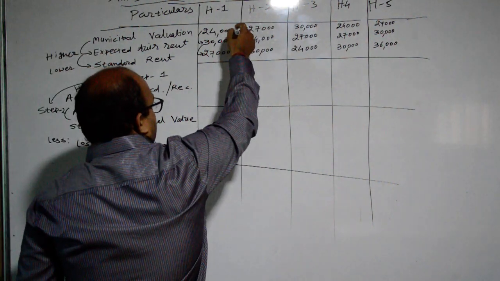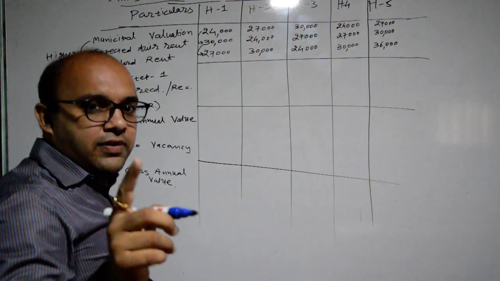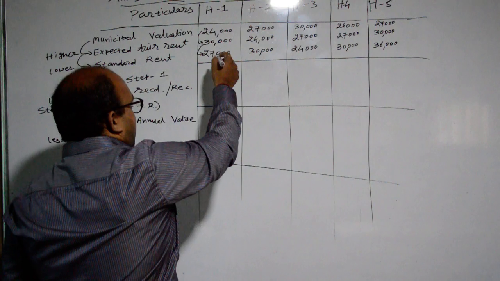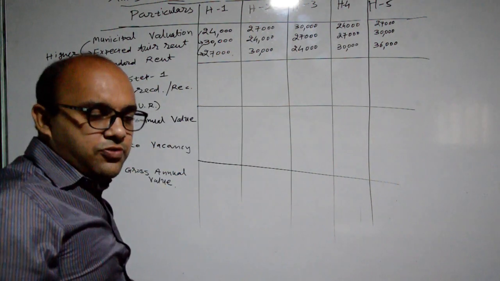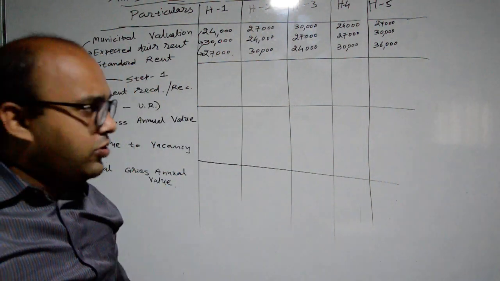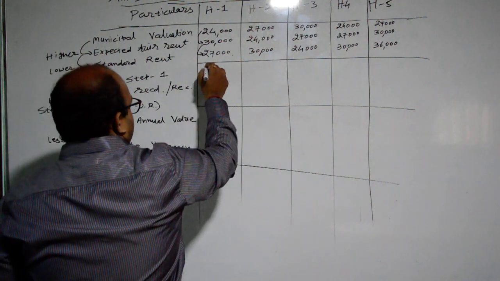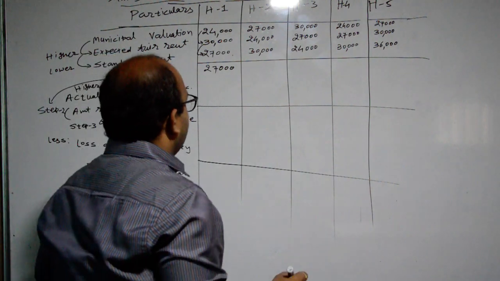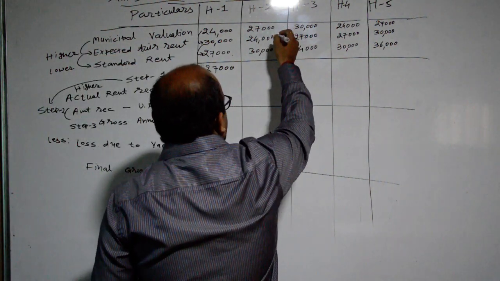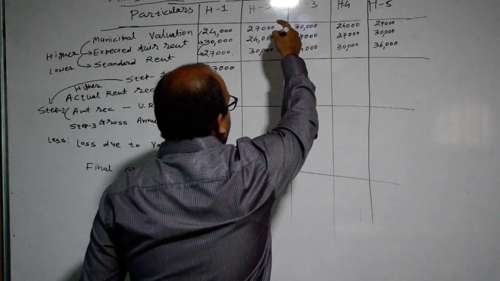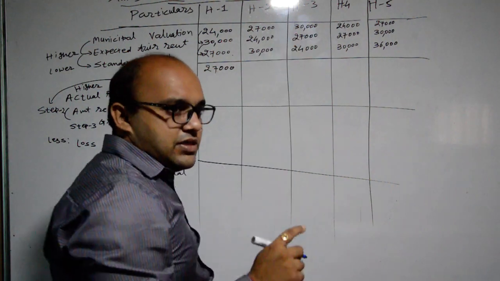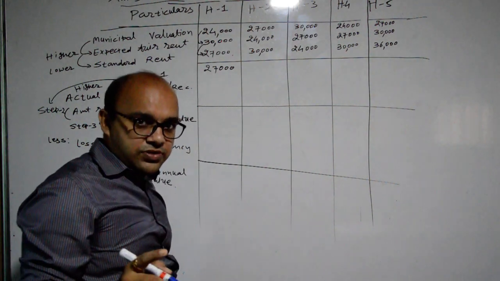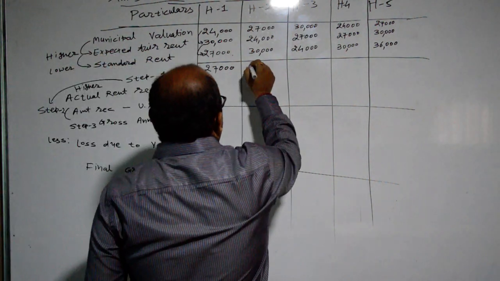So 30,000 is compared with standard rent of rupees 27,000, and the lower value, 27,000, will be considered here.